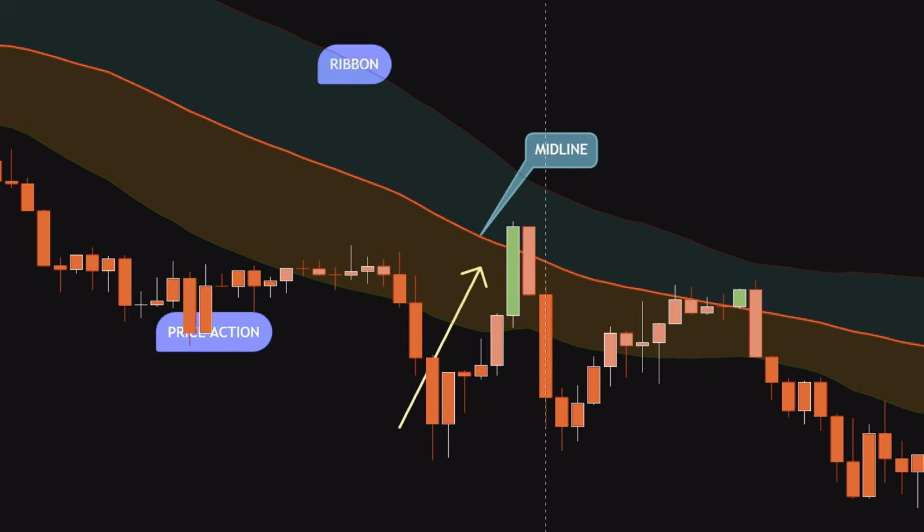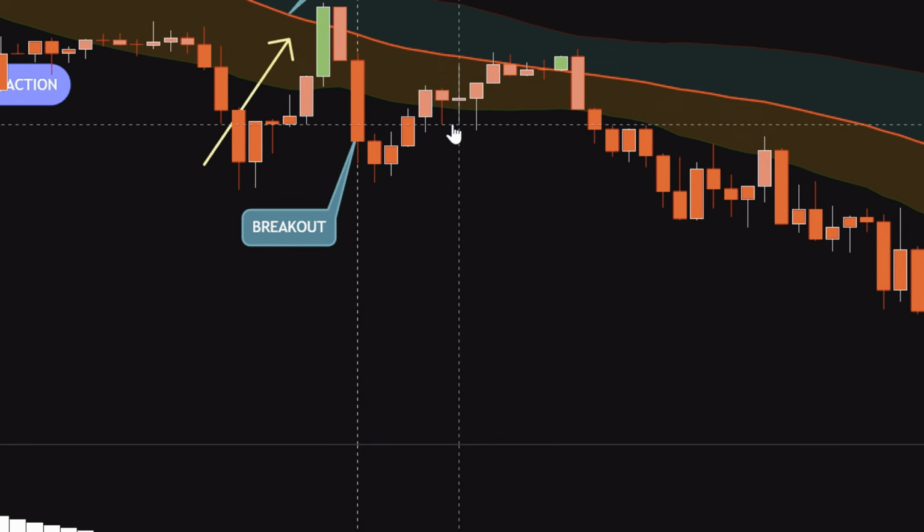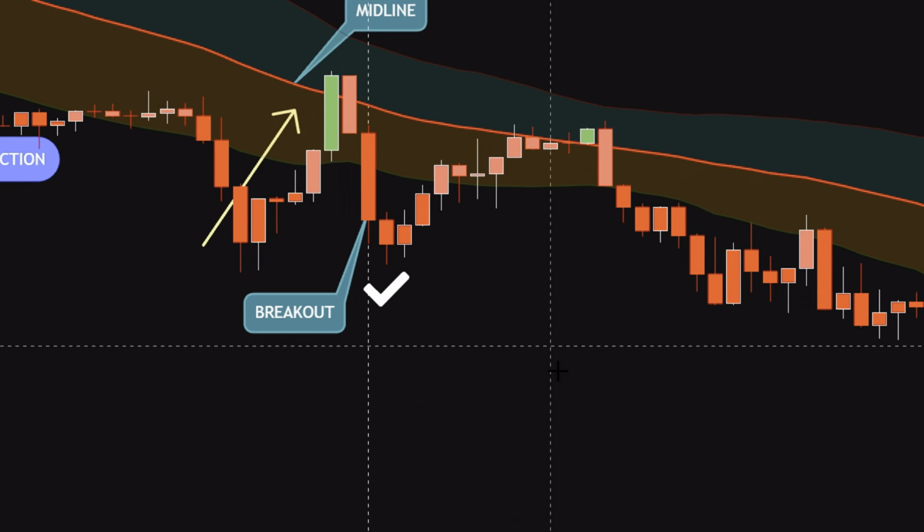Candle closes below the lower band. And the squeeze momentum turns red. Again, everything has to align, no forcing entries.